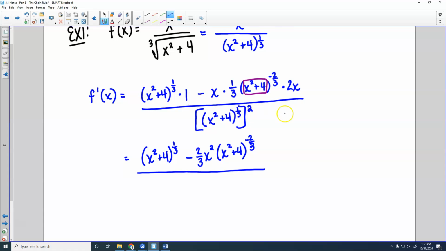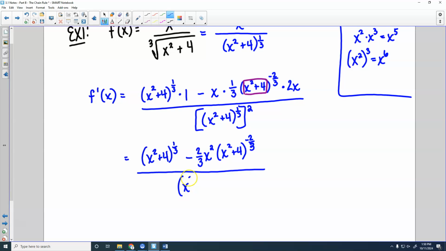Multiply for powers to a power. As a side note, if I've got x squared times x to the 3rd, that would be x to the 5th. That's when I would add. If I've got x squared raised to the 3rd power, that would be x to the 6th. So we need to multiply our exponents here. And that's going to give us x squared plus 4 to the 2/3 power.